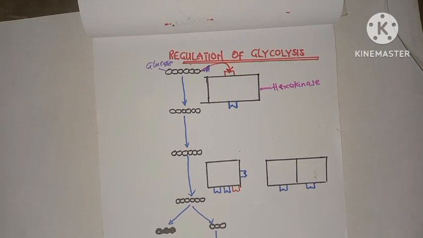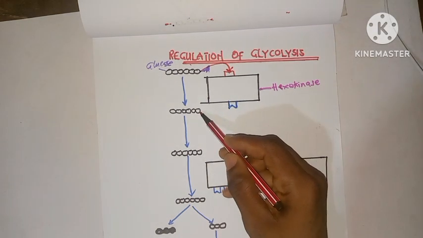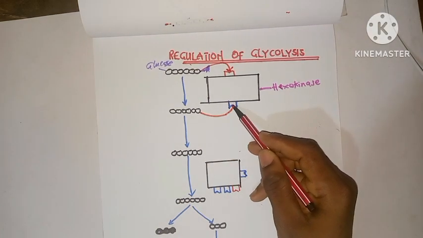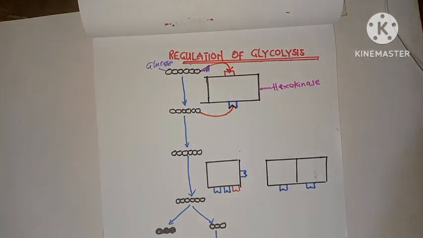And also, if there is a lot of glucose 6 phosphate, glucose 6 phosphate will also tell hexokinase, hey, there is a lot of glucose 6 phosphate, so stop converting glucose to glucose 6 phosphate. So glucose 6 phosphate also inhibits hexokinase from converting glucose to glucose 6 phosphate.